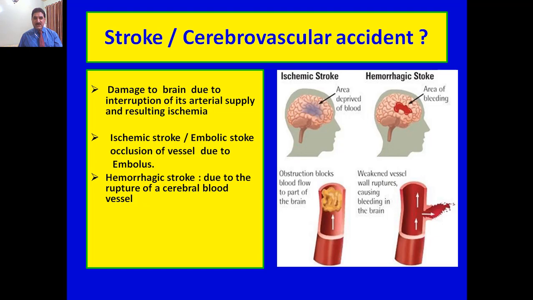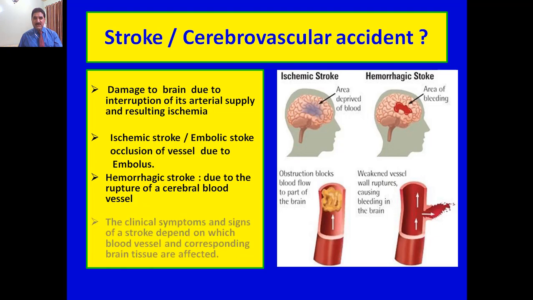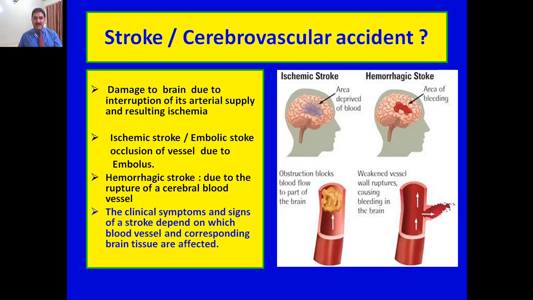This type of stroke is caused due to rupture of a cerebral vessel. The clinical signs and symptoms of stroke depend on which blood vessel and corresponding brain tissues are affected. As shown in this figure, this is embolic stroke, where a blood vessel is blocked due to embolus from the heart, leading to ischemic stroke.